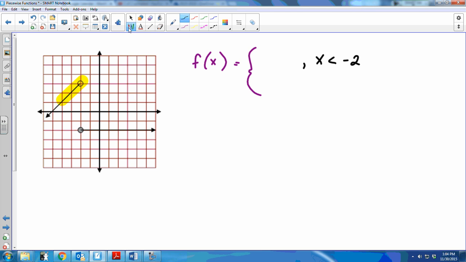All right. Looking at the function, we have to write the actual equation. If you want to write a linear equation, what two things do you need? Slope is one. And y-intercept is the other. All right, so we can figure out the slope because of the graph. We can just count. No big deal.